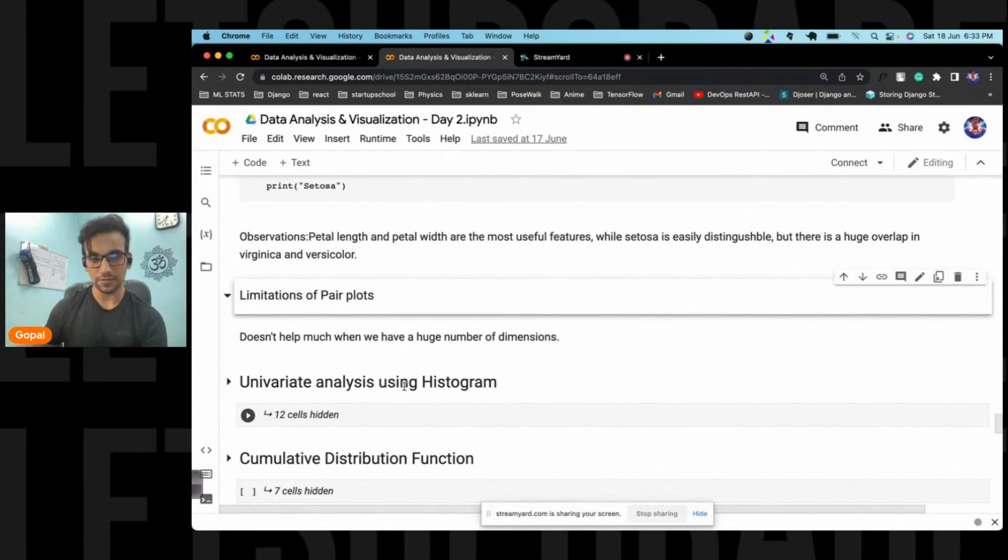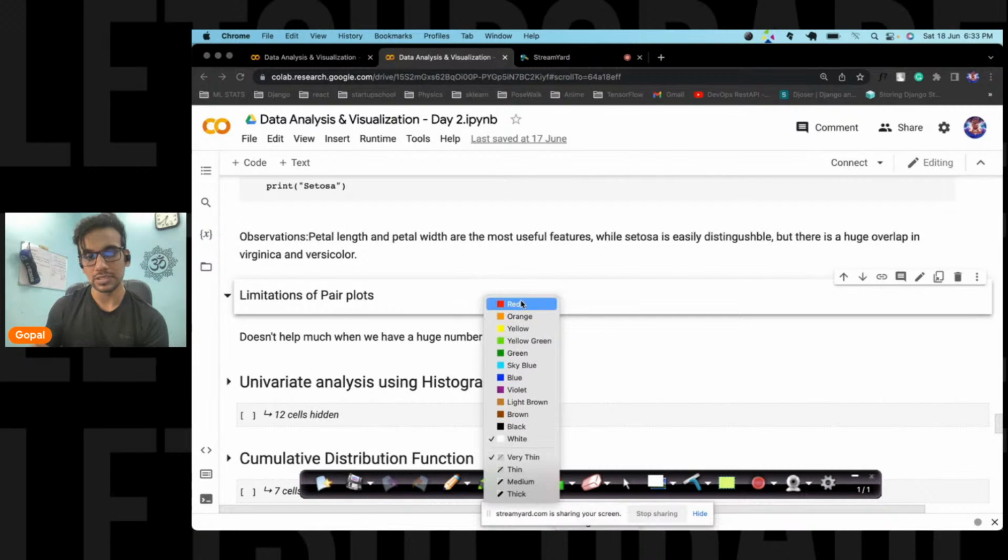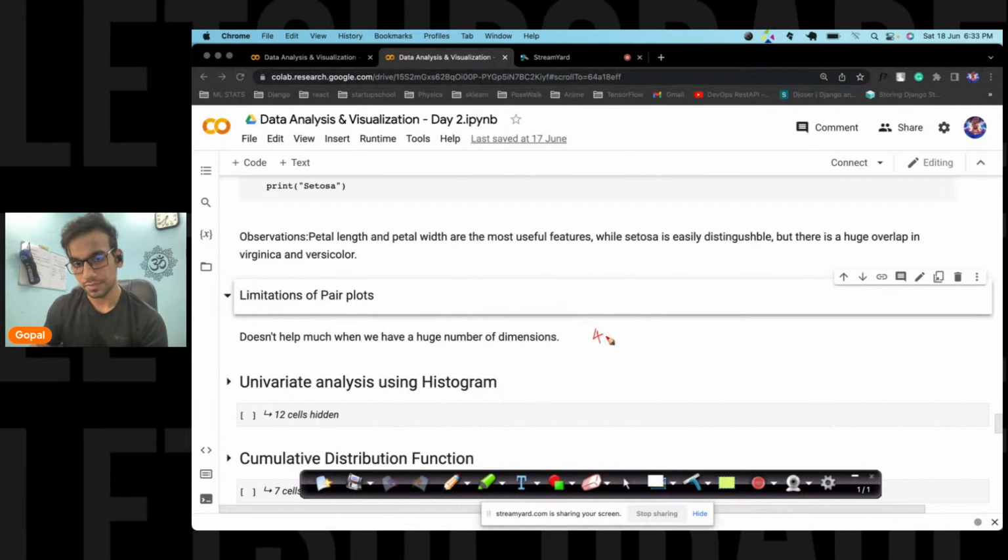The very reason for that is, for example, right now the number of dimensions we tackled with this case study was 4, so we got around 16 plots from there. Let's say we have 10 dimensions. In that case, we will have 10 C2, which equates to 45, and then we also have 45 replicas, so it will be 90.